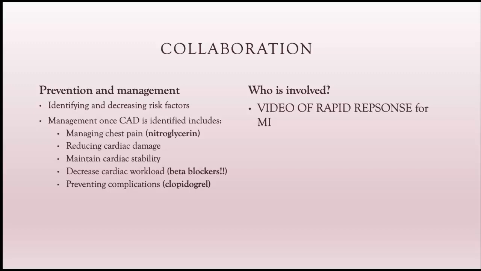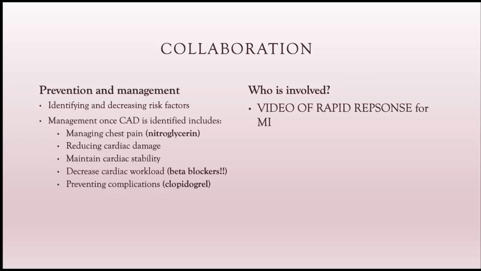Okay, so we'll talk a little bit. I'm not going to do the video of rapid response here for MI, but we will demonstrate that a little bit in class. If you think about the collaborative efforts, think about rapid response. I don't know if you guys have ever seen rapid response in your clinical settings, but there is generally a team in the hospital that will come in and help you manage a client who is having an active MI.